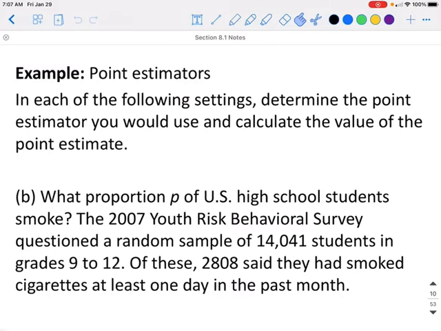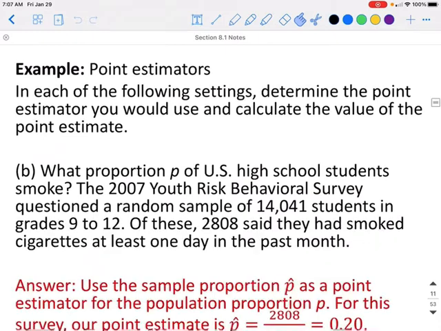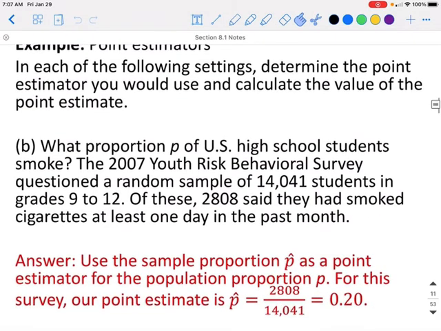So in this case, we're going to use the sample proportion, p hat, as a point estimator for the population proportion P. For this survey, our p hat value is 2,808 out of the 14,041, which is going to give us a p hat value of 0.20. So our point estimate would be 20%.